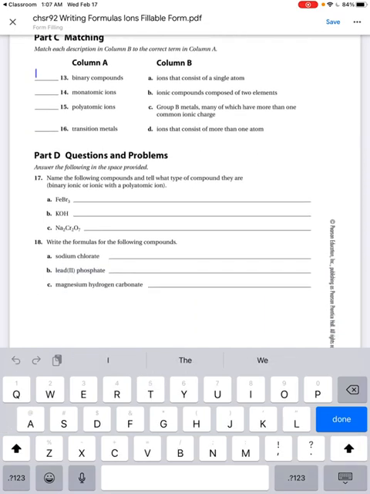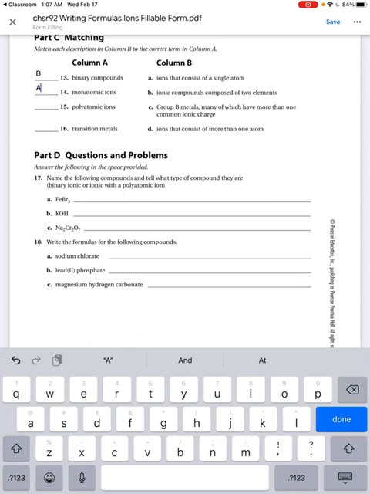So let's go on to our matching. Binary compounds are B, ionic compounds composed of two elements. Monoatomic ions are A, ions that consist of a single atom.